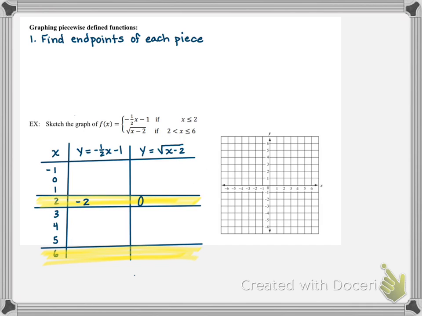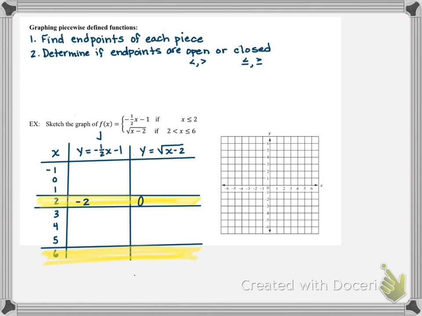So that's the next thing we do: determine if endpoints are open or closed. And the way we do that is with the inequalities. Strict inequalities give us open points, and inclusive inequalities give us closed points.